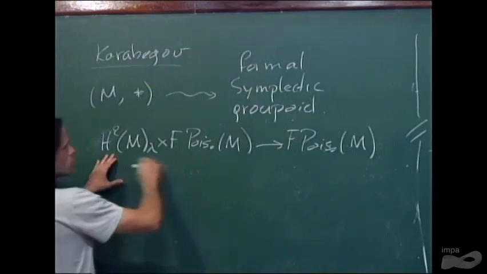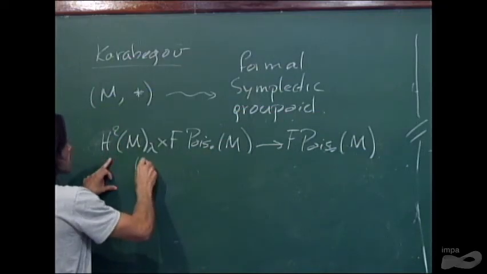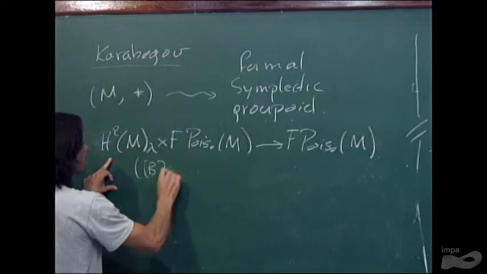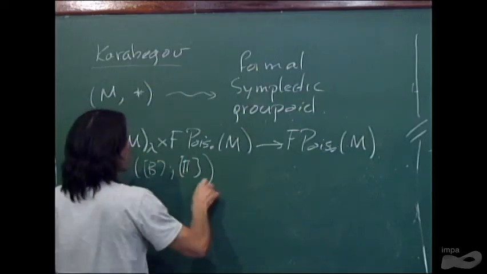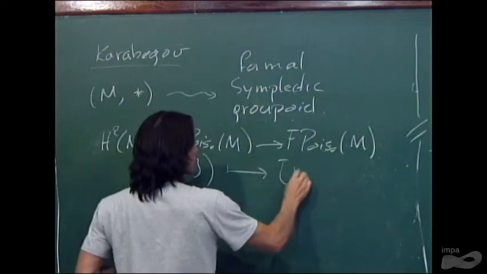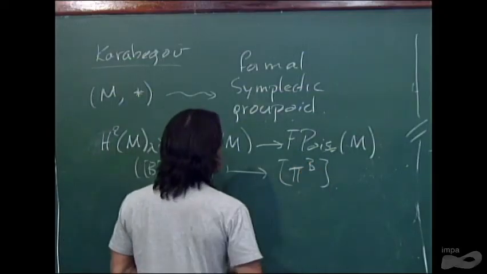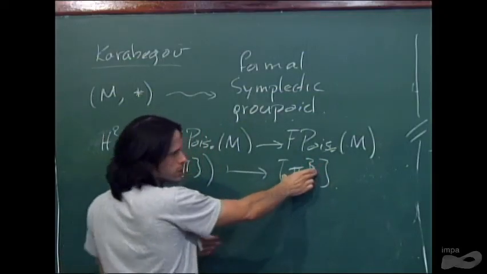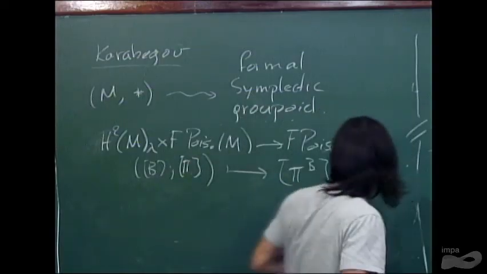So to construct this map here, which we call this way, and then we show that this is actually the same as gauge equivalence.